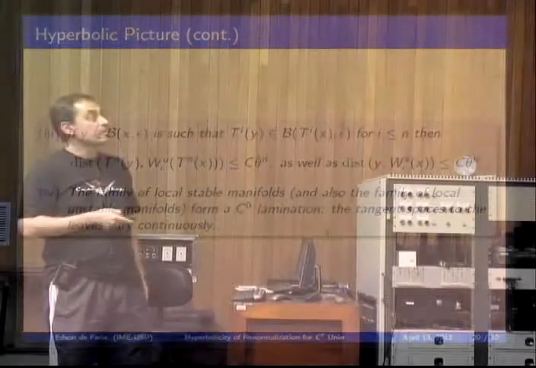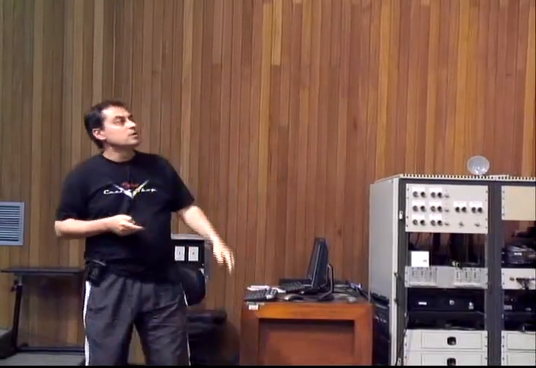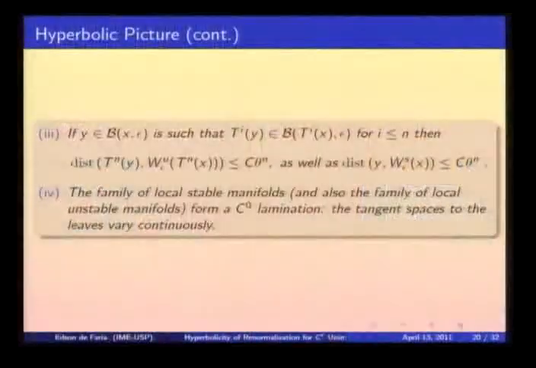That's the third condition. You also want the local stable manifolds to form a C^0 lamination. If all of these things happen, then you say that the hyperbolic picture holds for the operator.